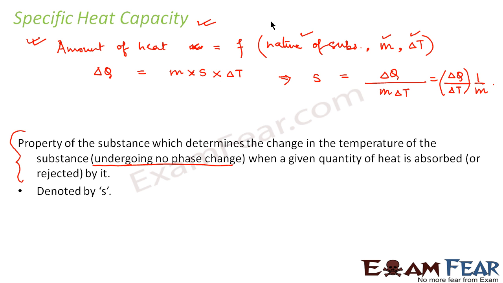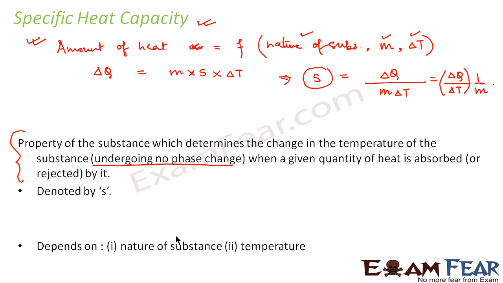It is denoted by S, as I told you here. It depends on the nature of substance and temperature. Now, as we look at this definition, S is equal to delta Q by delta T into 1 by M.